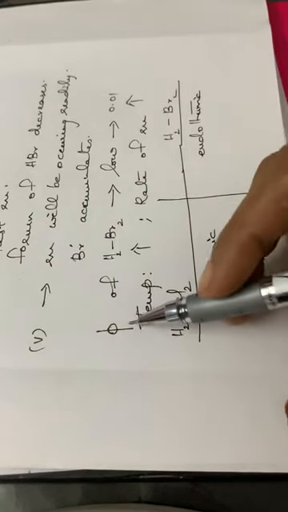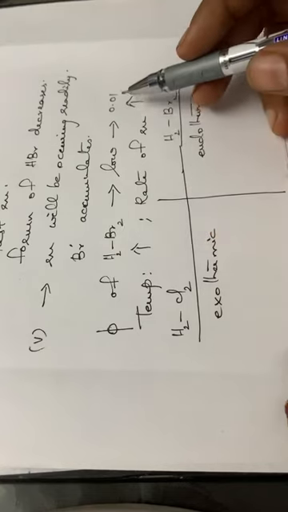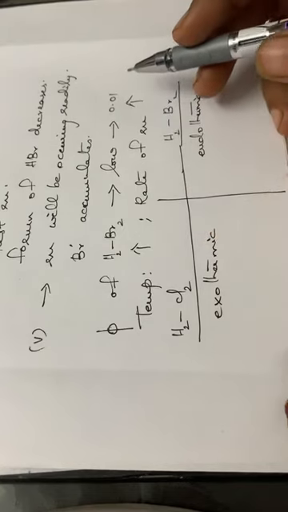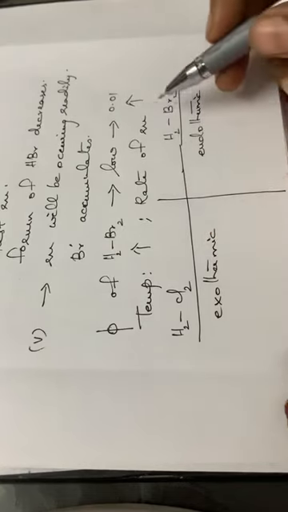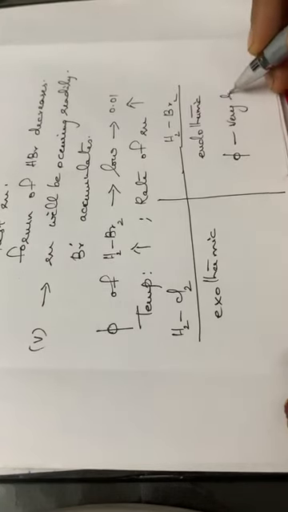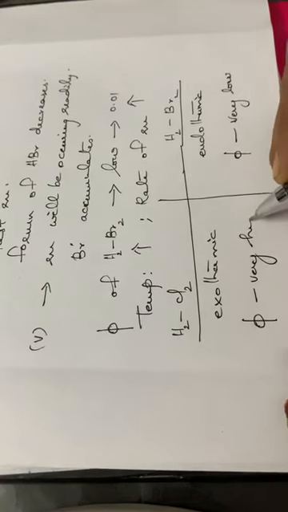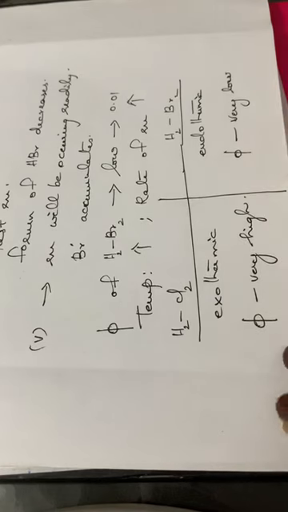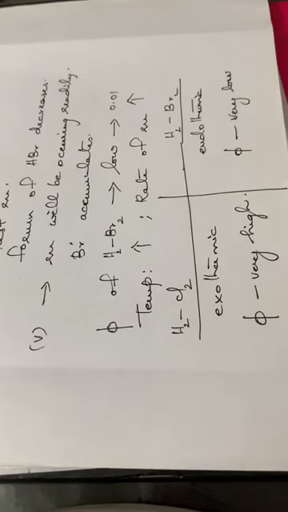And again, what about the quantum yield of H2Br2? It is about 0.01, which means the quantum yield is very low for H2Br2. But in the case of H2Cl2, the quantum yield is very high. So these are the two differences between the H2Cl2 and H2Br2 reactions.